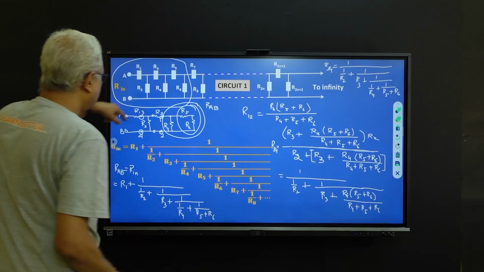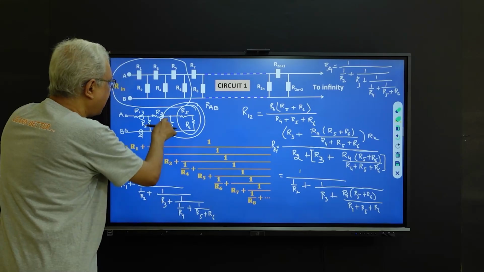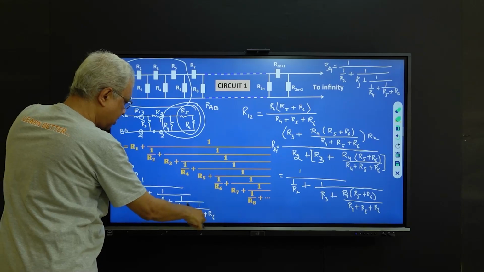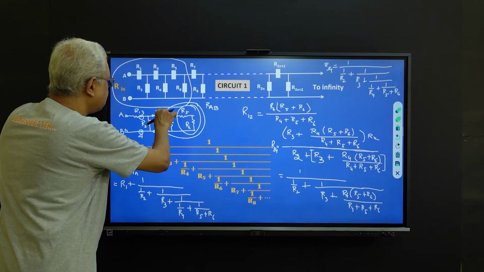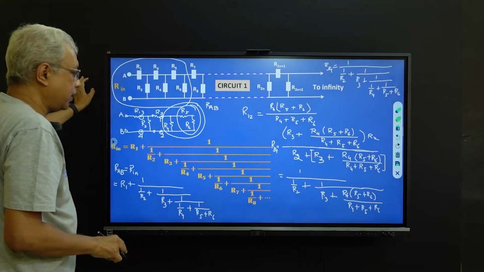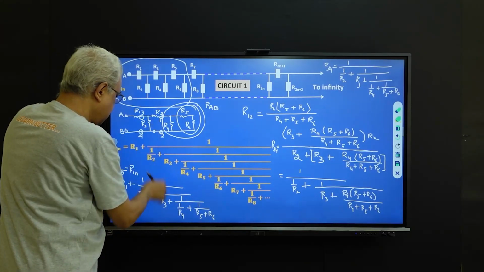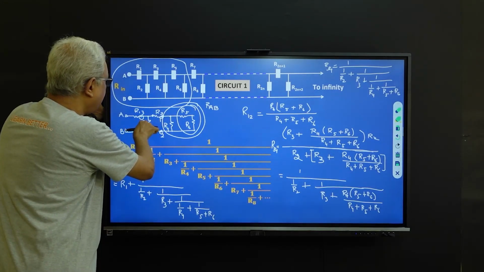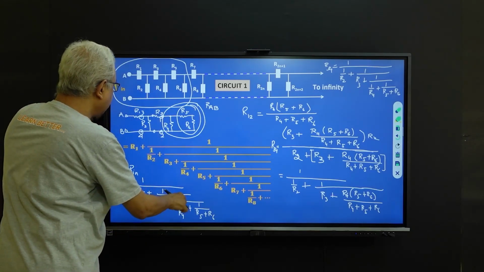If you look at the circuit, it is actually R5 plus R6 in series combination, and R5 plus R6 and R4 are in parallel. So 1 by this quantity is the equivalent resistance between 1 and 2. This is in series with R3, and when I make a parallel combination of R2 and these 2 points, I get this quantity.